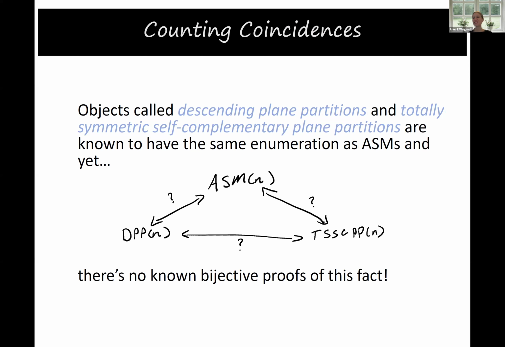So whenever we're missing this bijective explanation, it's very intriguing in combinatorics, and again, has generated a whole lot of interest in studying these three families of objects and what links we can find between them.